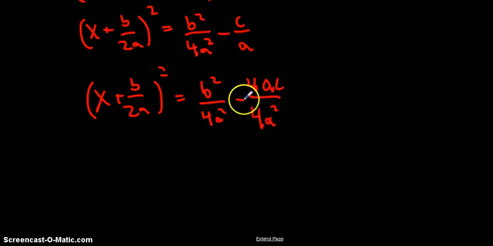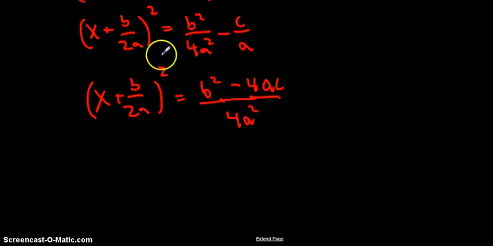And since these now have a common denominator, we can write that as b squared minus 4ac over 4a squared. So this is where the contents of the radical came from.